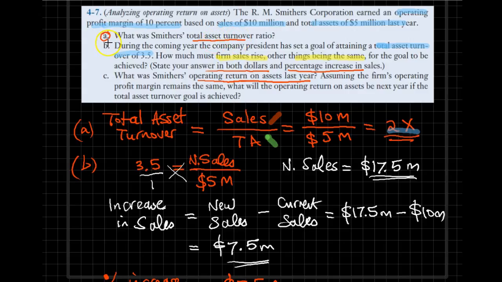In part B, we calculated how much sales should be increased to achieve a goal asset turnover ratio. And finally, in part C, under both situations, we were able to calculate operating returns on assets. So that completes our solution, and we are done.